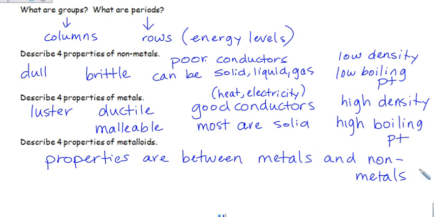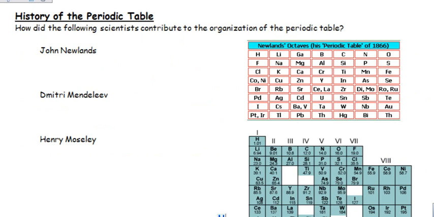Other little things that we'll mention about the periodic table. Early periodic tables did not look like our current periodic table. Here are some early periodic tables. They looked very different. This guy, John Newlands, was one of the first guys to really organize the periodic table.